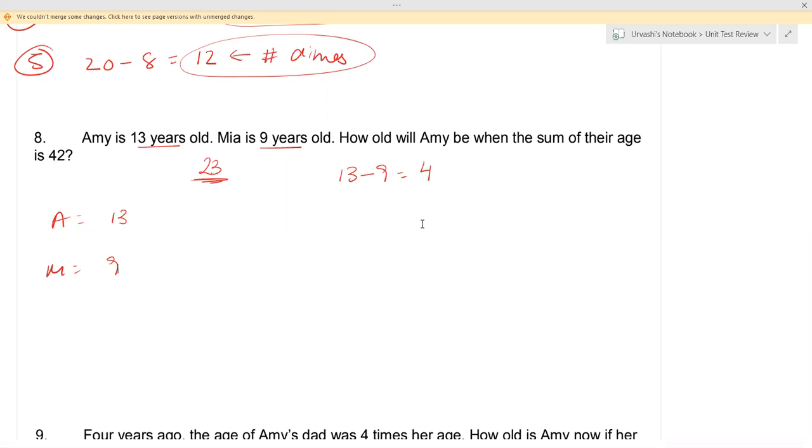Let's go with someone else. I think the connection is too bad right now.